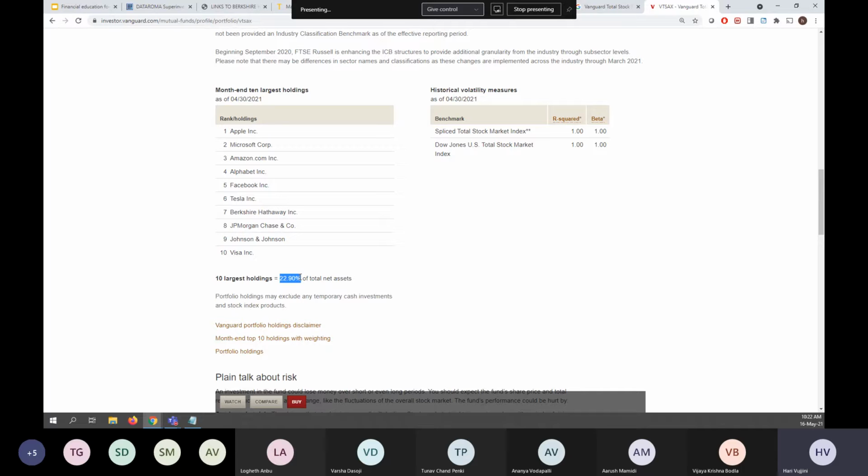If you remember, companies are part of the economy, and if the economy does well, companies do well. If the economy does not do well, companies won't do well, right?